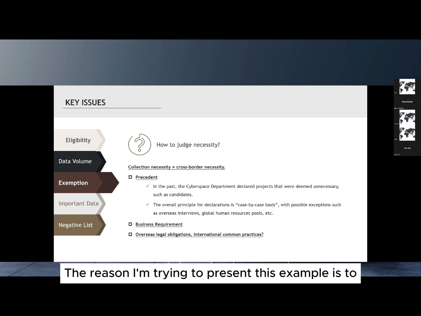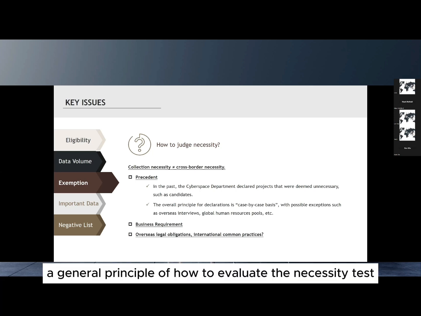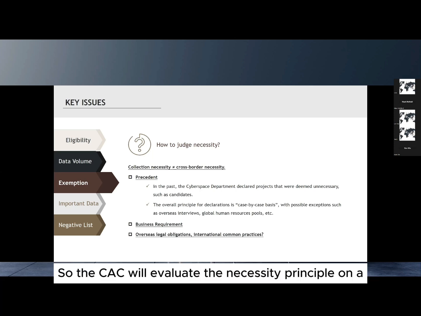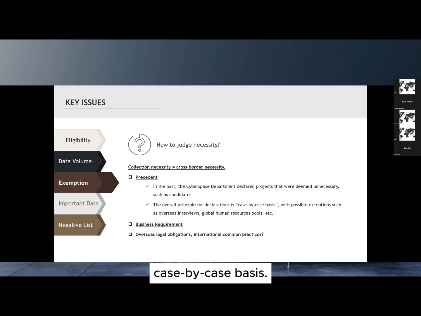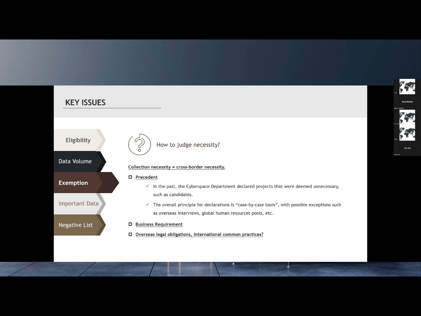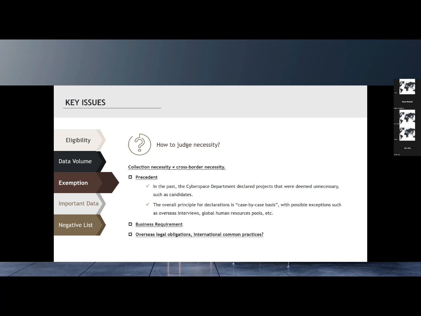The reason I'm presenting this example is to provide you a general principle of how to evaluate the necessity test in practice. So the CAC will evaluate the necessity principle on a case-by-case basis. So you should convince them, first, how this cross-border transfer will benefit the interest of the individual.